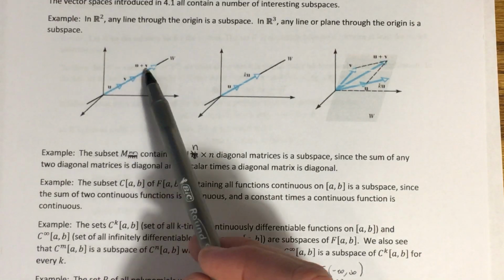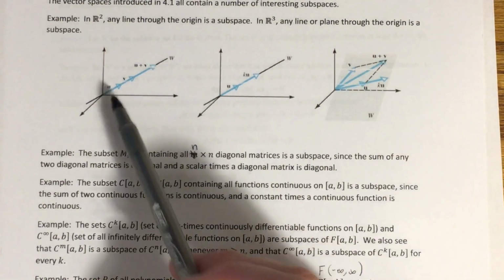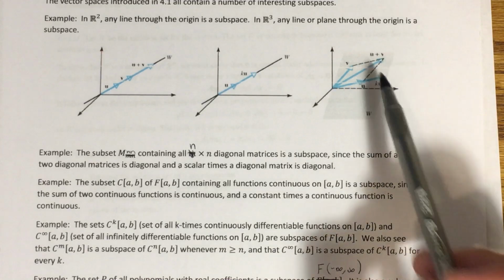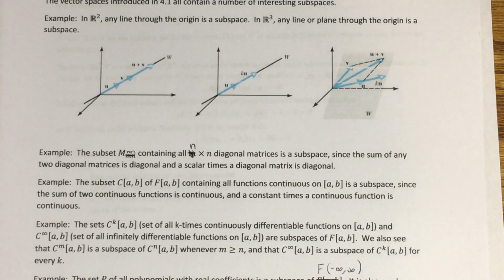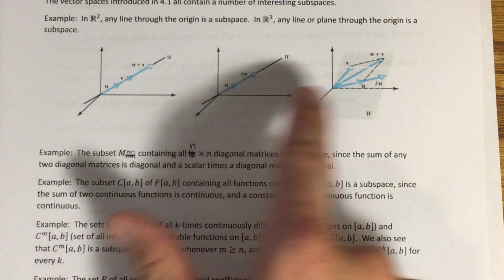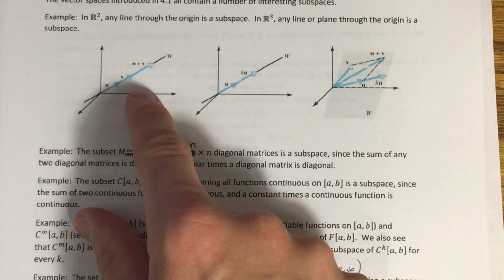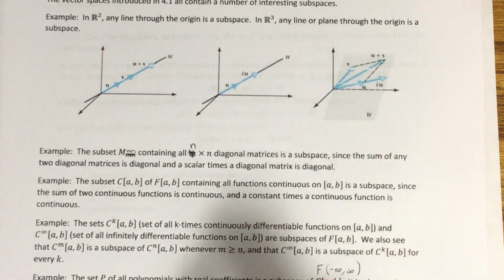They look like either lines through the origin, or planes through the origin. It turns out that every subspace of R3, with 2 exceptions that I'm going to talk about, is always going to be one of these 2 types, either a line through the origin or a plane through the origin. The other 2 types are the trivial subspace or the 0 subspace.